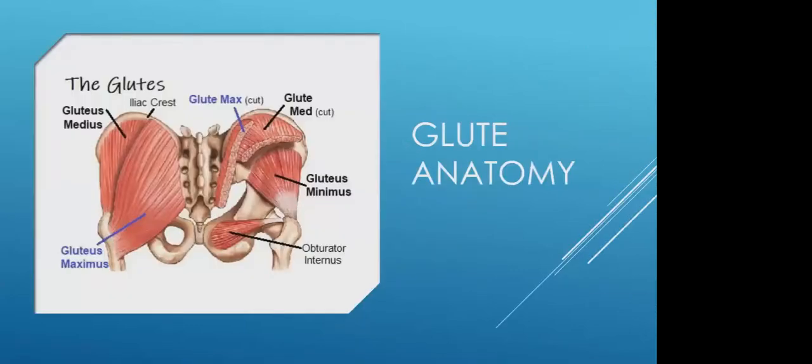I want to do a very quick overview of the anatomy here. This is looking at the back of your pelvis. Your glutes are essentially just your butt muscles, but they're really important for the control of your hip, and from that, important for the control of your entire leg. The glutes are referenced in the research in a lot of rehabilitation for knee injuries, ankle injuries, even spine injuries, because they help to stabilize the pelvis.